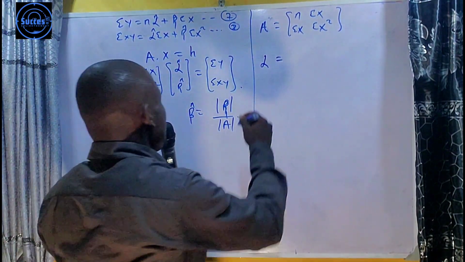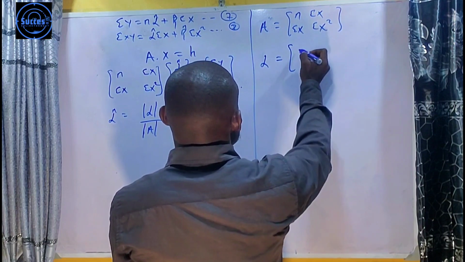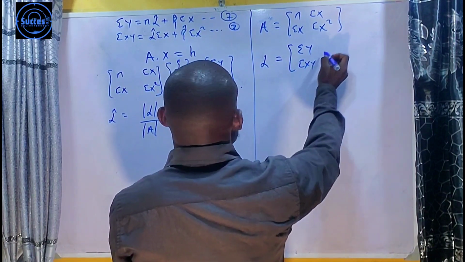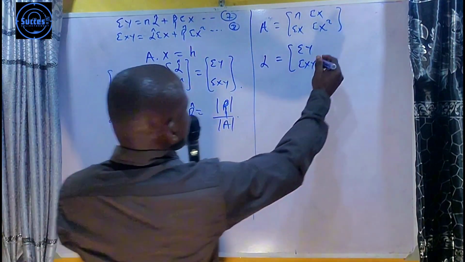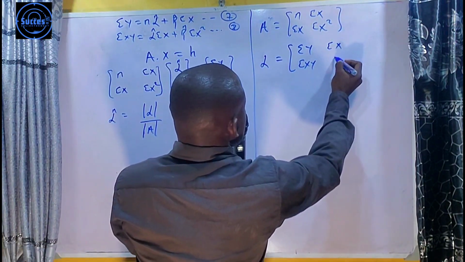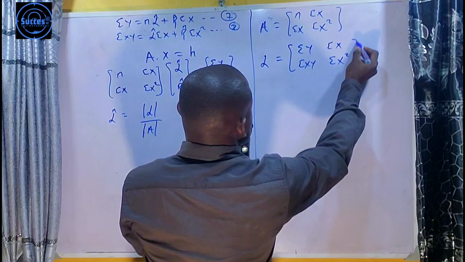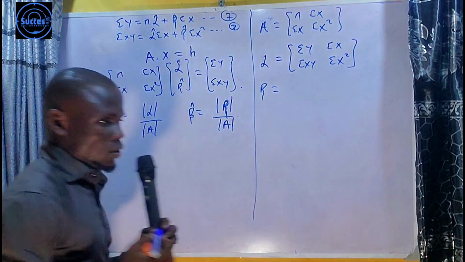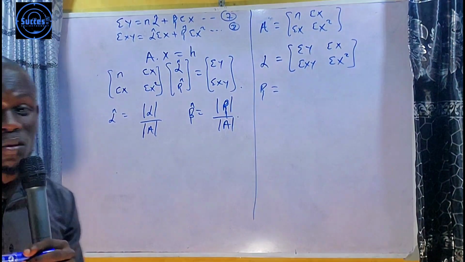So our alpha matrix will now be the matrix of summation y, summation xy, then summation x, summation x squared. We do the same thing for the beta matrix.